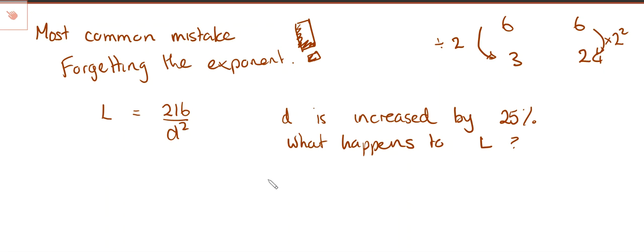Okay, so there are no numbers, but could we just chuck some numbers in and see how it works? All right, so this is an exam tip, by the way. This question, we don't need numbers, but if you're a little bit confused, let's put some numbers in. We've got D is related to L. Well, let's pick one that's nice and easy to increase by 25%.